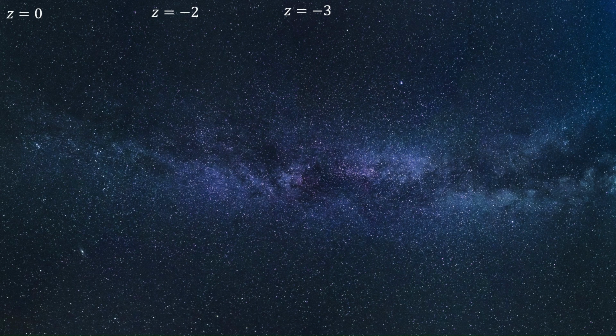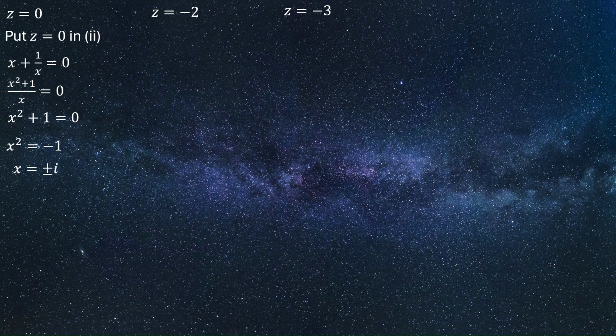Now we shall replace these values of z in equation 2 and solve one by one. First we put z is equal to 0 in equation 2 and get x plus 1 over x is equal to 0. On taking LCM, we get x square plus 1 over x is equal to 0. It gives x square plus 1 is equal to 0, and eventually we get x is equal to plus minus iota. Then we put z is equal to minus 2 and get x plus 1 over x is equal to minus 2.